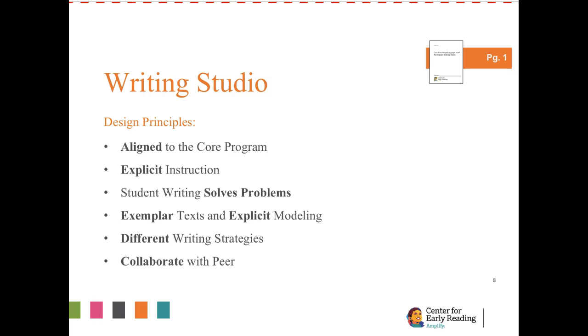Writing Studio provides exemplar text and explicit modeling opportunities as well. Writing Studio instruction incorporates different strategies for each element of the writing process, and we'll look at those in a moment. And last but not least, Writing Studio requires students to work and write collaboratively.